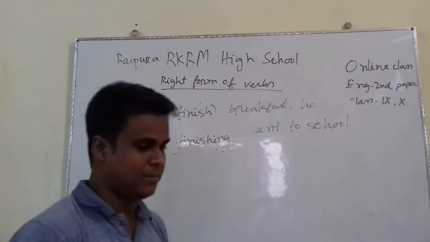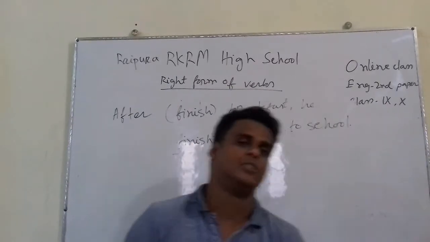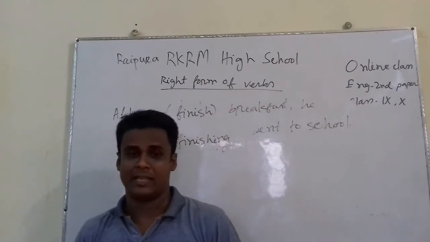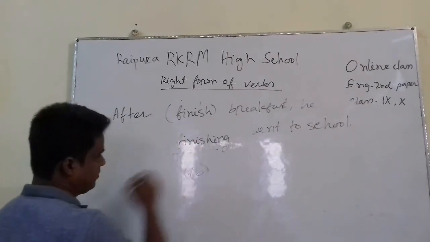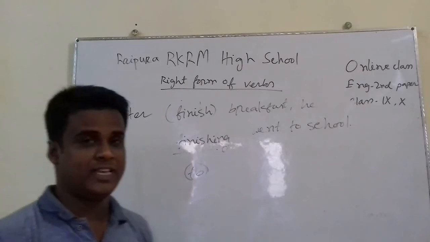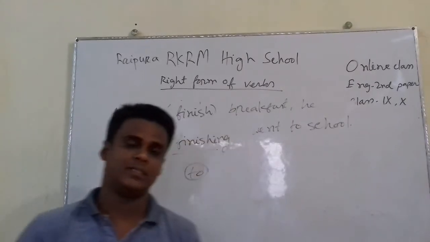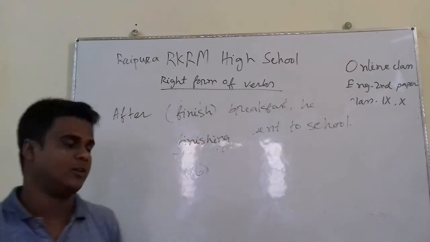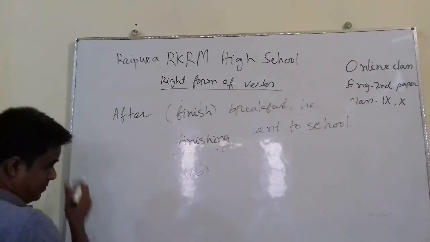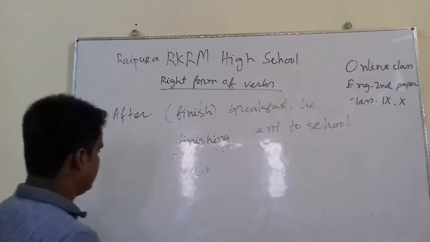This rule is applicable to all prepositions except one preposition, and the preposition is "to". If there is "to" in a sentence and the verb is after this preposition "to", then what do you do? Now let me write a sentence.